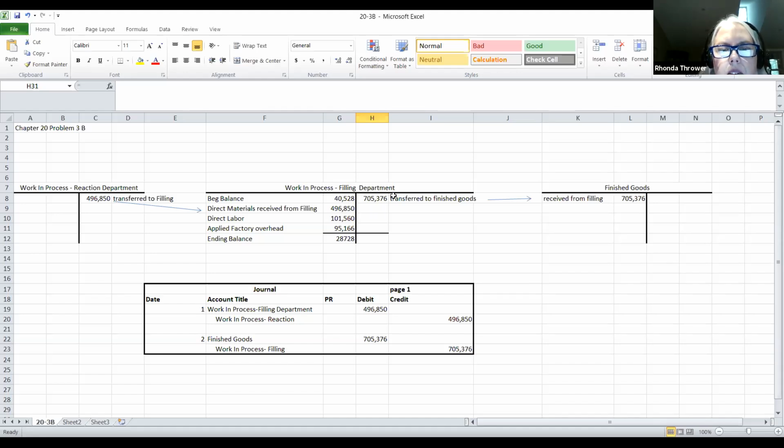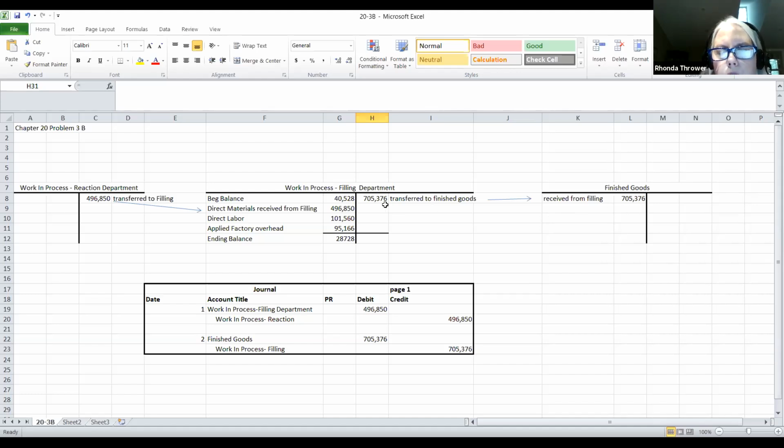What they did not tell us is what we transferred to finished goods, but we found this on the cost of production report. So in your cost section where we have transferred to finished goods, I got that from the cost of production report. This transferred finished goods, I'm going to send from the work in process department. I'm going to transfer it to my finished goods inventory account, which is another ledger account there.